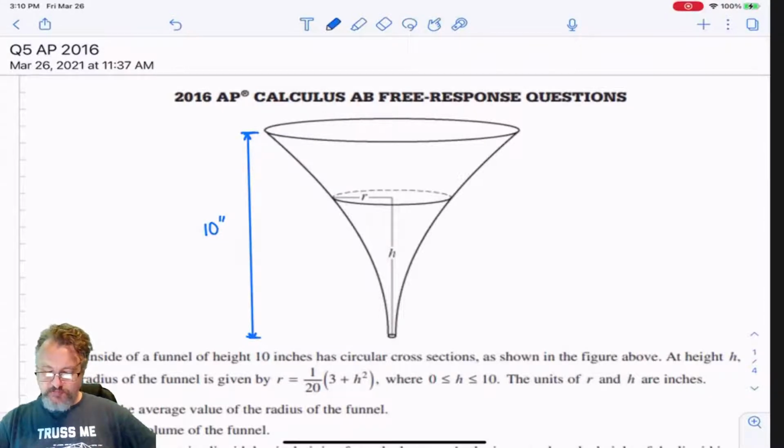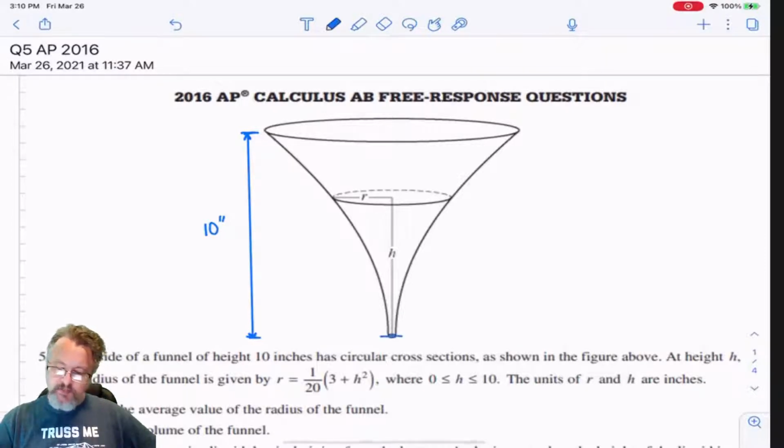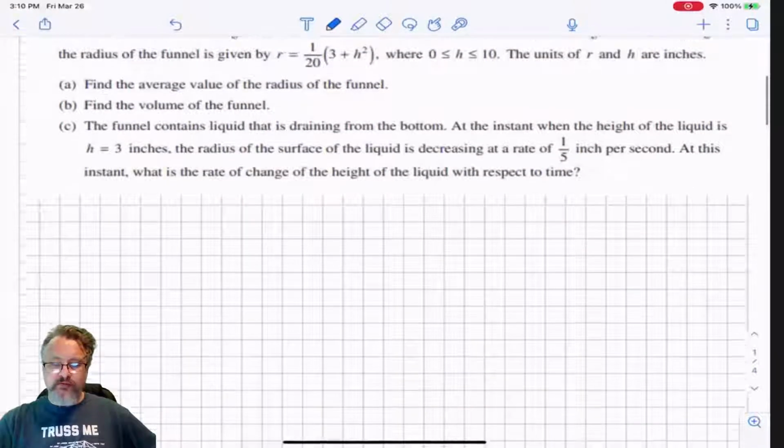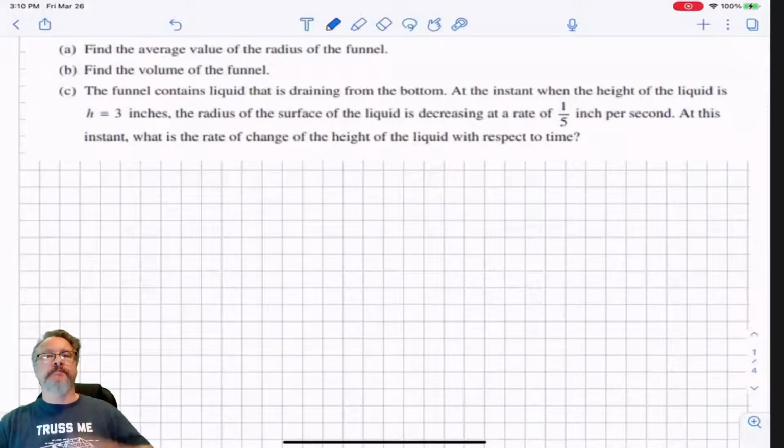H is measured from the bottom, and H is going to be between 0 and 10, and we have a radius that is equal to 1/20 times (3 plus H) squared. Okay, very good. So the first question says, find the average value of the radius of the funnel.